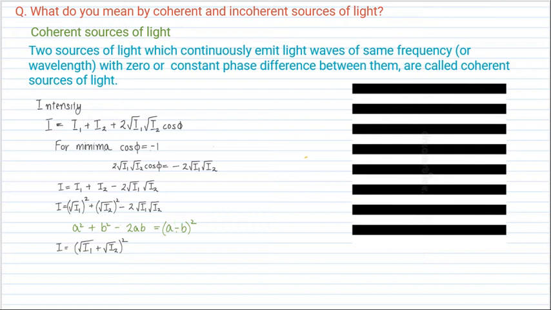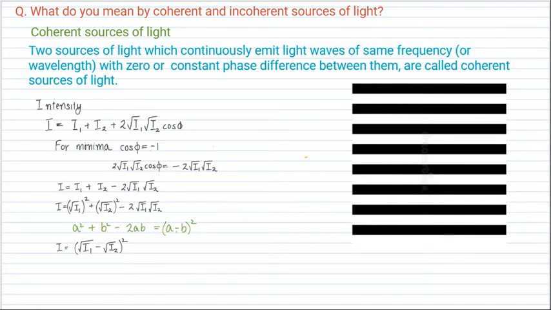Therefore, your intensity equation can be written as root over I1 minus root over I2 whole thing square. So the intensity of your dark fringes, this part, this part, this part, is given by this intensity.